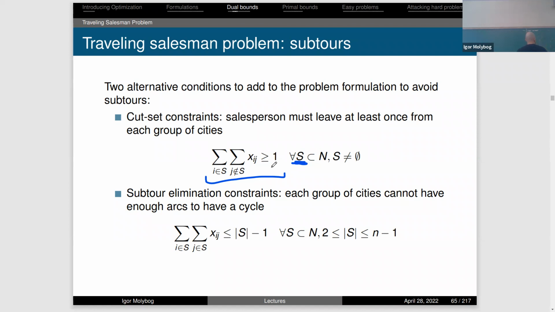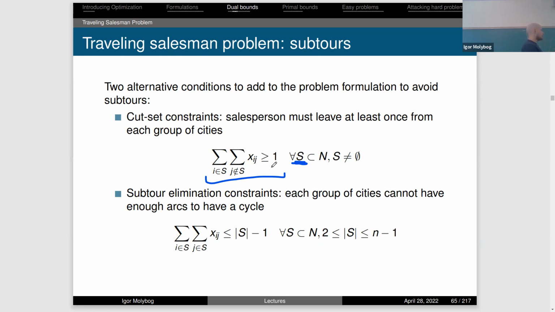For example, if we take this set of nodes as S, there must be at least one edge going outside from the set S, right? In this particular case, this splitting of the entire graph into subtours violates that inequality.